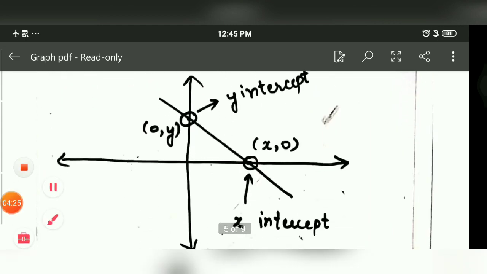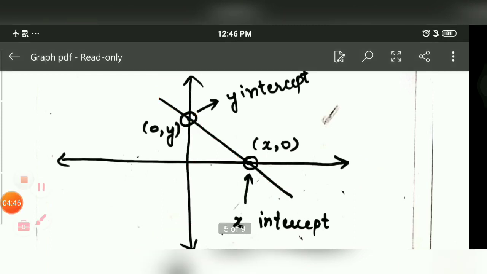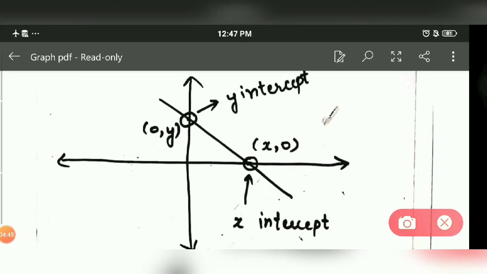Suppose this is a straight line graph which is crossing the x-axis at this point and the y-axis at this point. As you already know, this point is the origin, and this is plus x, this is plus y, minus x, minus y. So let me explain one thing.